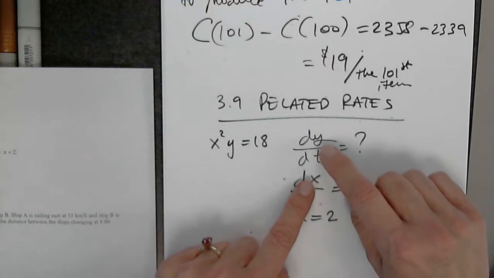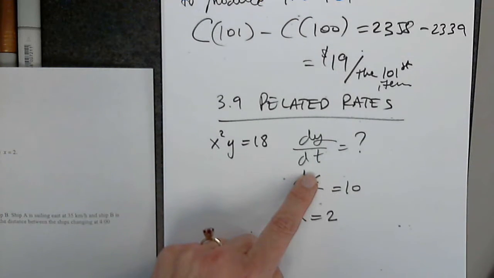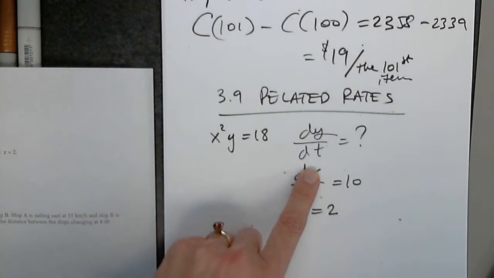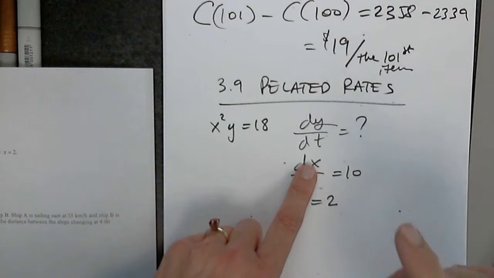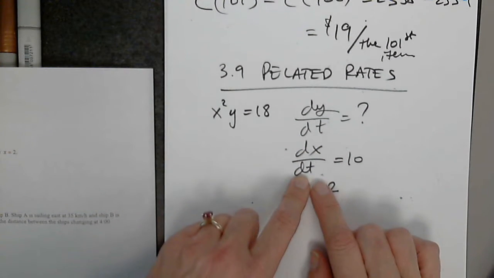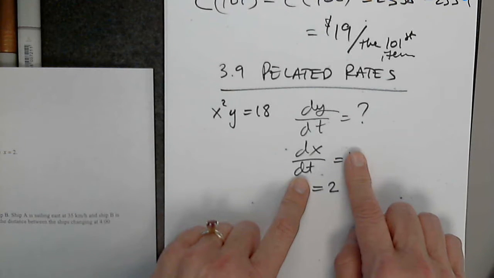So when I'm asked to determine dy over dt, what do I know for sure about t? I know that y is a function of t. Excellent. Okay, now let's continue reading. Look at what this says. This says that dx over dt is whatever.